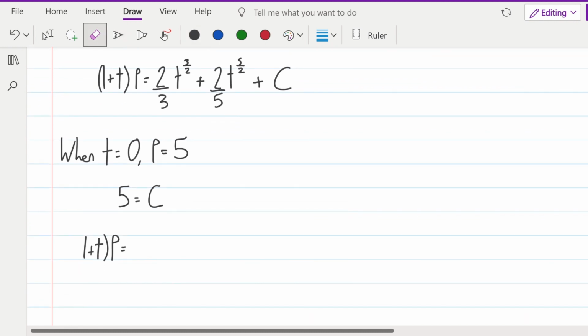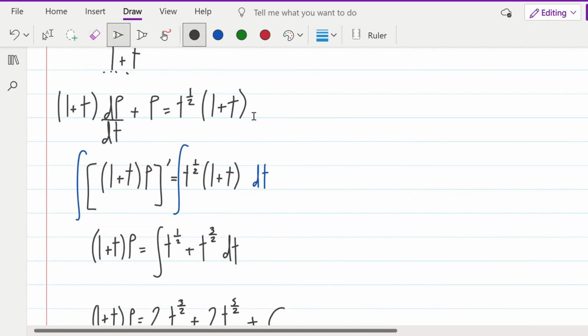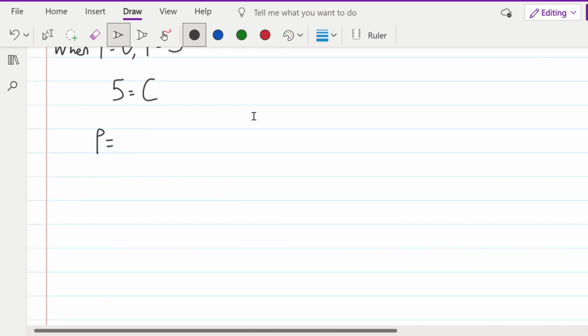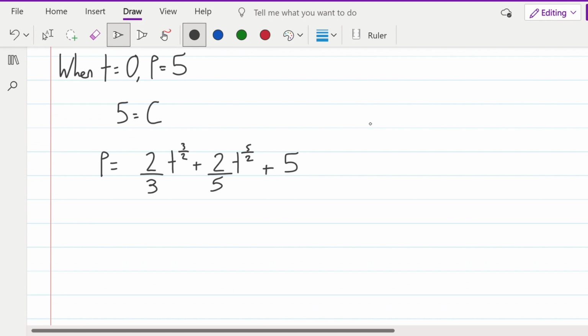I'm going to do it in one step just because it saves time. I recommend you always write it out like this every time. Don't skip steps unless you're absolutely sure you know what you're doing. So here it's quite a big fraction because you're going to have 2 over 3 t to the 3 over 2 plus 2 over 5 t to the 5 over 2 plus 5. All of that is over 1 plus t.